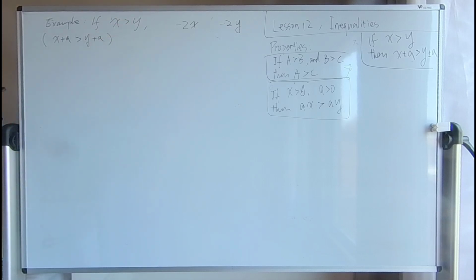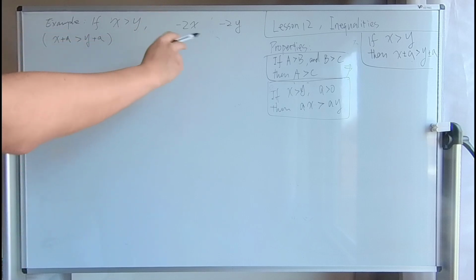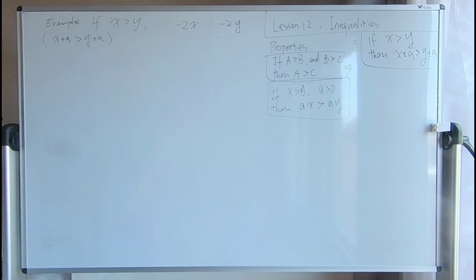Before trying to prove anything or solve anything, we can always use a very simple number example to have a quick look at how it behaves. For example, if I let x equal 3 and y equal 2, this is one simple example.